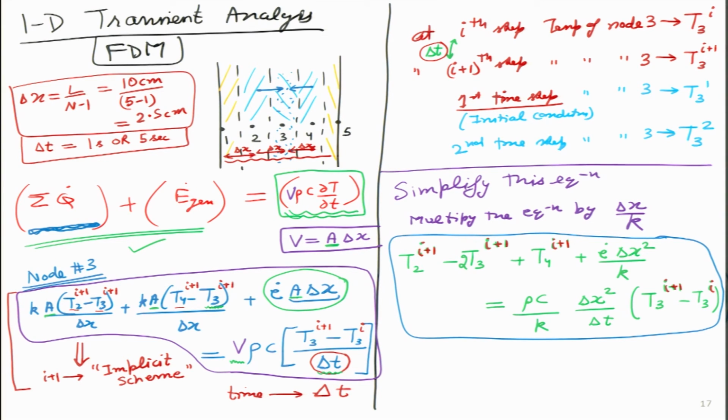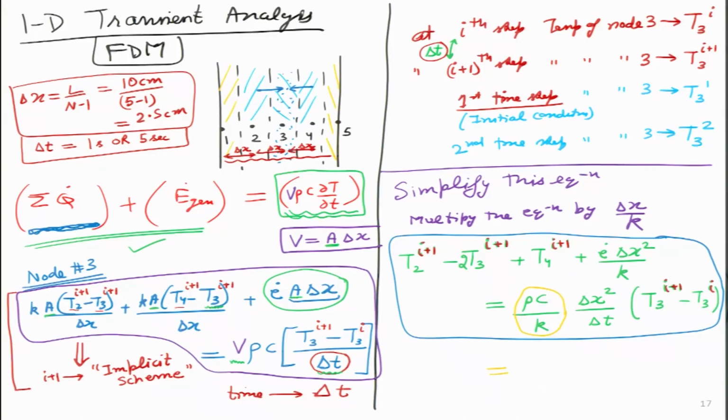Now, let me ask one or two questions. So, the first question is, what does this term remind us of? So, it is the inverse of k divided by rho c. So, of course, this is alpha, which is the thermal diffusivity. So, I can write this right hand side as 1 divided by, let me not use red color, I will use this one, 1 divided by alpha.